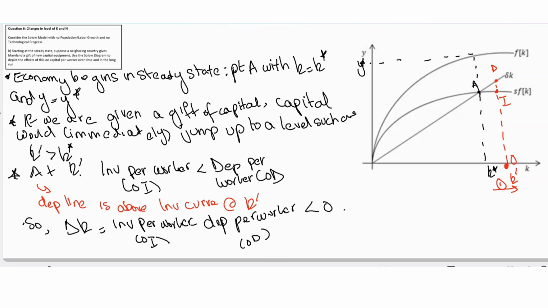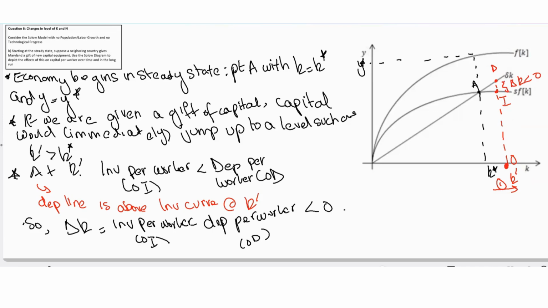Basically, this is delta K less than 0, because OI is investment per worker, OD is depreciation per worker, and the difference between them is a negative amount of capital per worker.